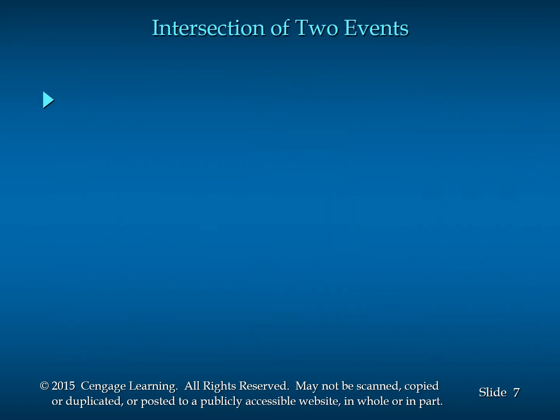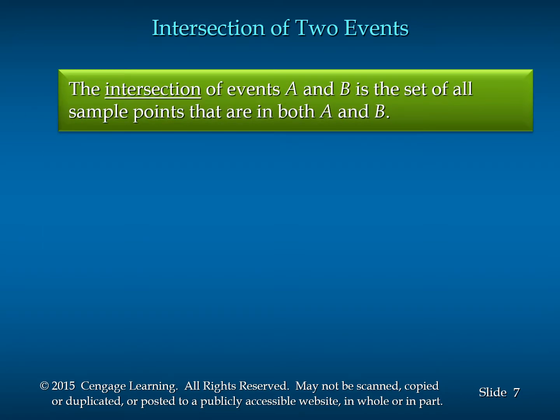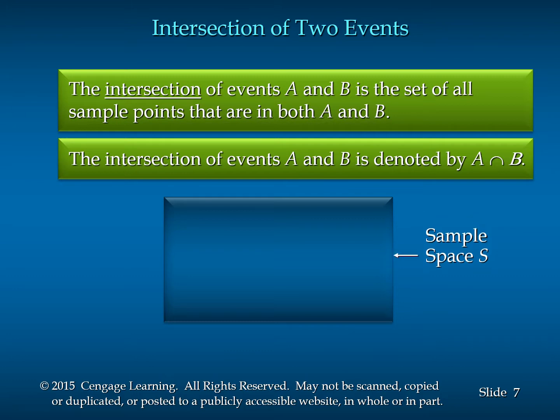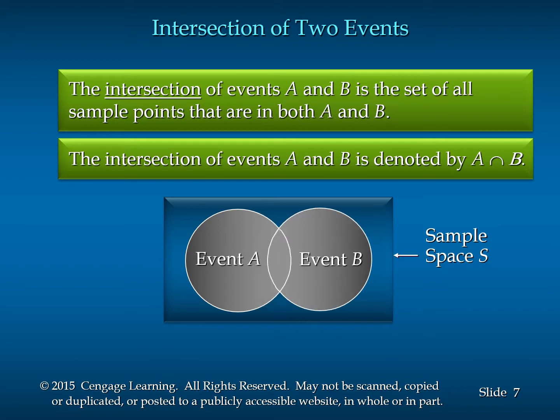The intersection of two events, event A and event B, would be the set of all sample points that are in both A and B. Let's key on that word and. Note the symbol designating intersection is really the inverted symbol for union. In this case, the intersection would be only where the circles for event A and event B overlap.